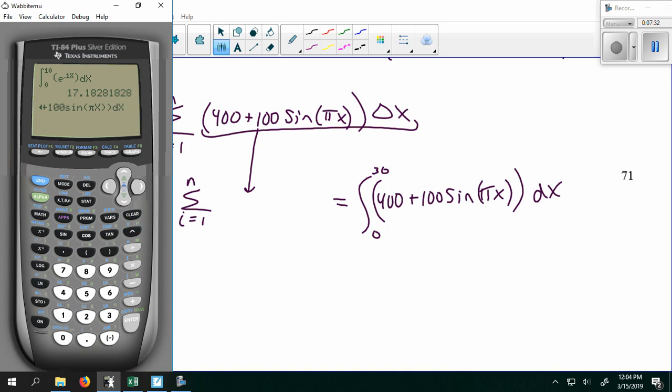And before I press enter, I'm going to make sure I'm in radian mode. When you're in calculus and you're dealing with trigonometry, you want to be in radian mode. And I am. If you were in degree mode, you'd want to switch it. But I'm in radian mode, so I'm just going to hit enter. And I get 12,000 cars.